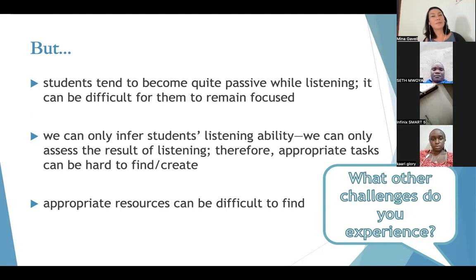So I often find it a challenge to teaching listening effectively, even for the learners to have listening activities. That's an idea, but I don't really know a specific term for it, what we can call it.